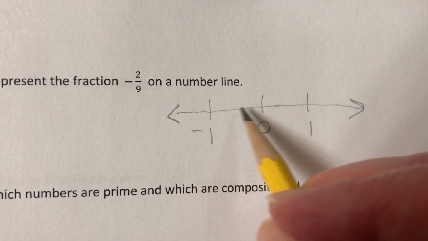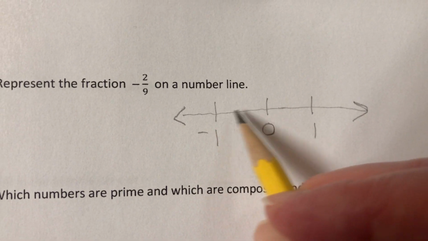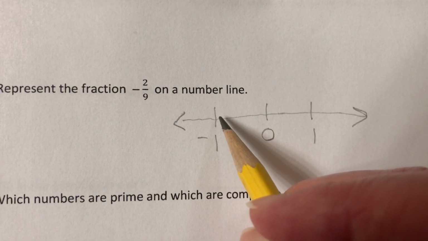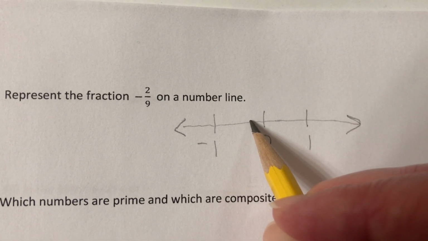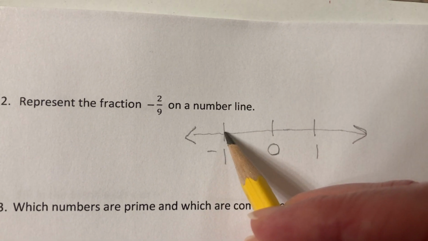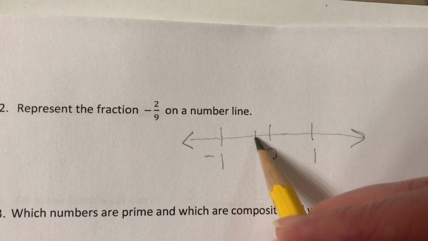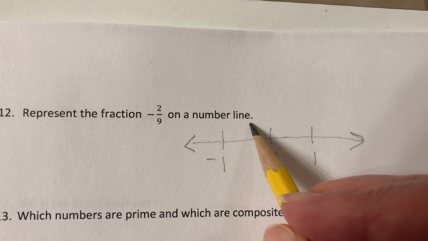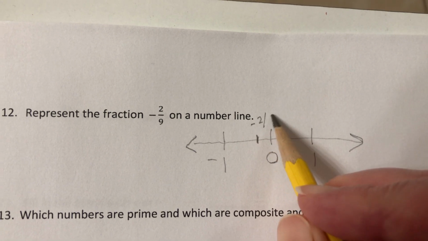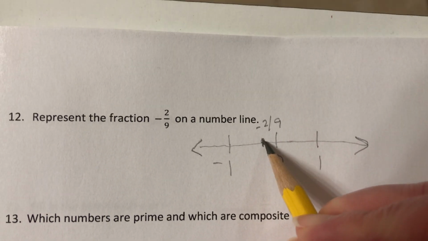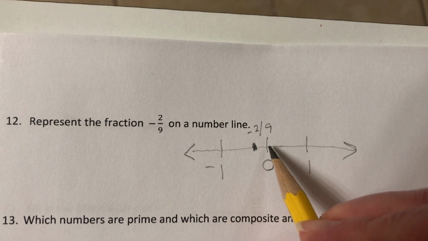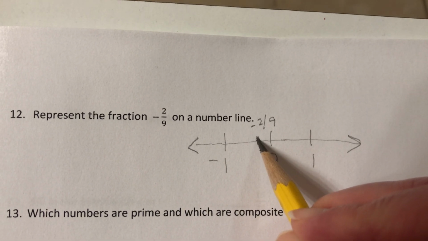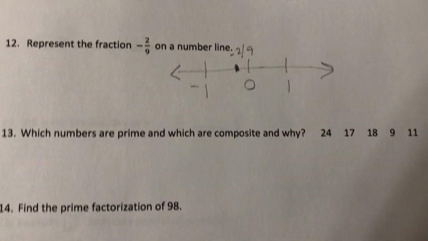In fact, if I were to divide this segment into 9 equal parts, I would be going 2 parts away from 0 out of 9 parts. So I'm going to be closer to 0. This isn't super accurate, but the point is, don't put it in the middle, don't put it close to -1. It should clearly be closer to 0 than it is to -1.